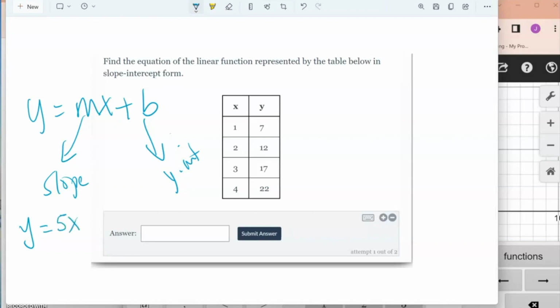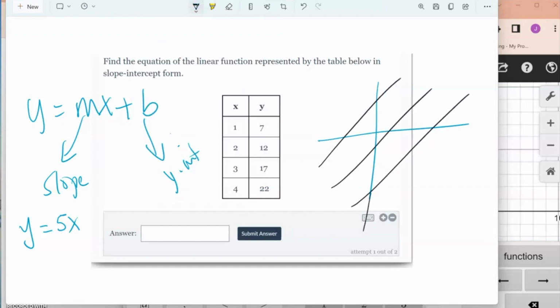Now remember, anytime you forget where the y-intercept happens, you can always just draw a graph and look, because I never remember. This is the y, and this is the x, right? It crosses over here, here, and here, at these points.